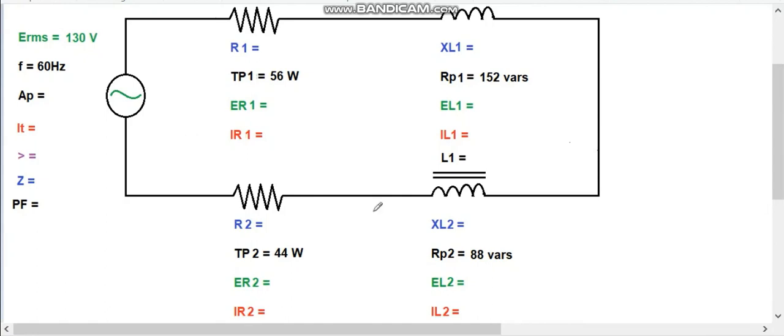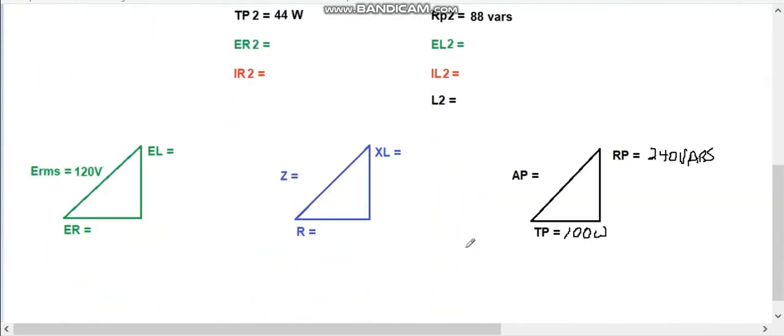All right. So if you do your apparent power, true power squared plus reactive power squared, get an apparent power of 260 VA.